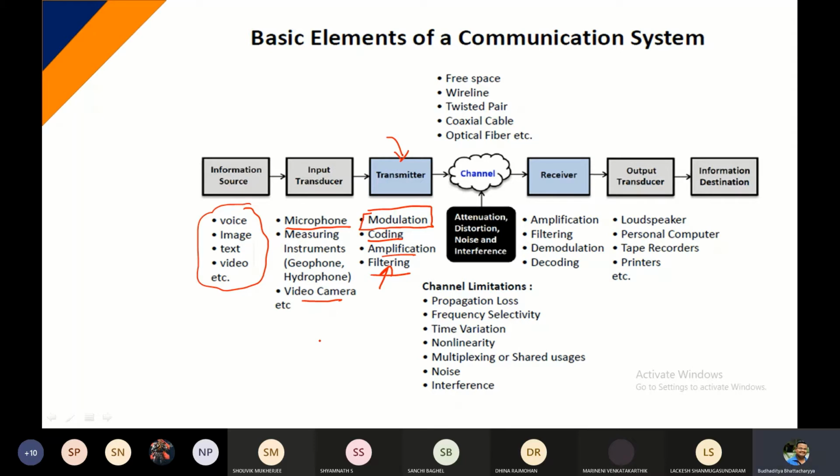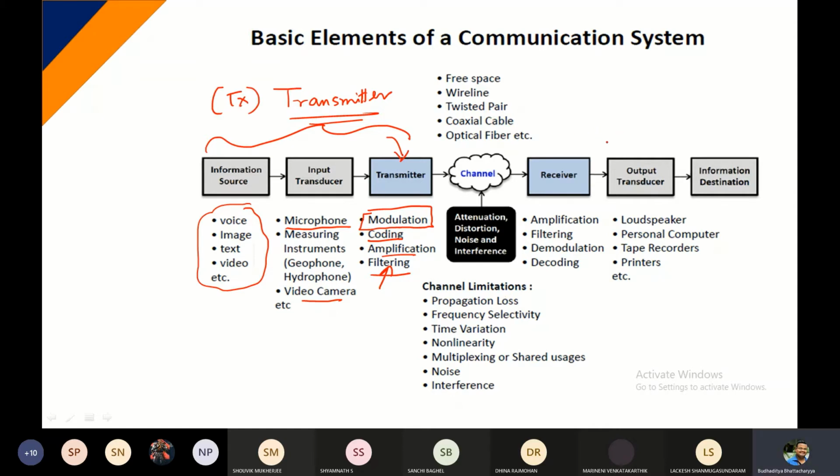All right. So this is basically the transmitting side. This whole thing we are talking about is the transmitter. This is the transmitter section. In short, we usually refer to it as TX in communication engineering.